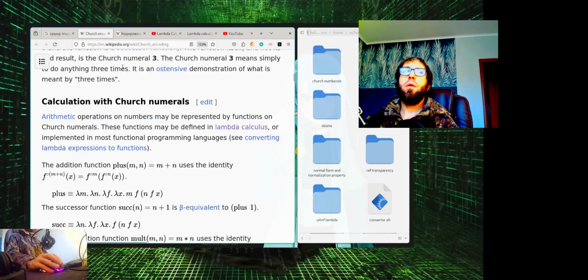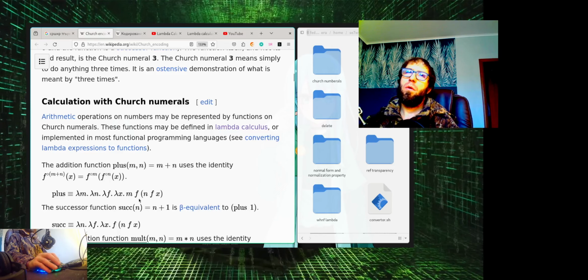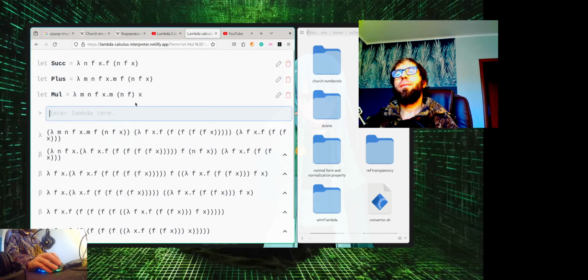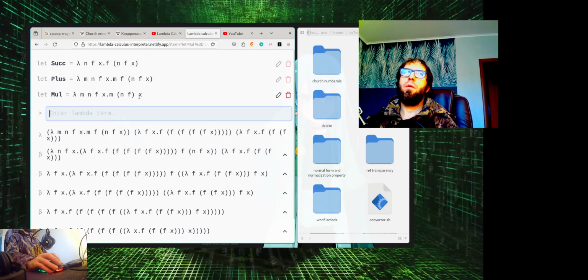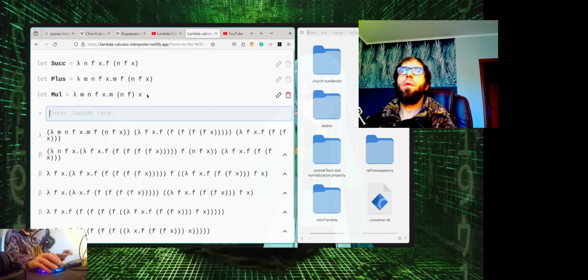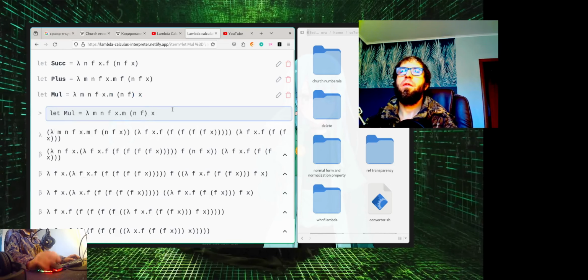Okay, let's check that I did everything correctly. Interesting, why did it add this x not in the parentheses? Let's redefine.